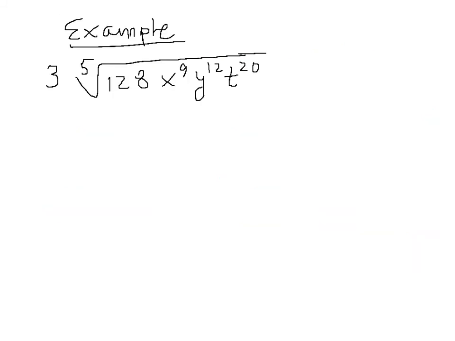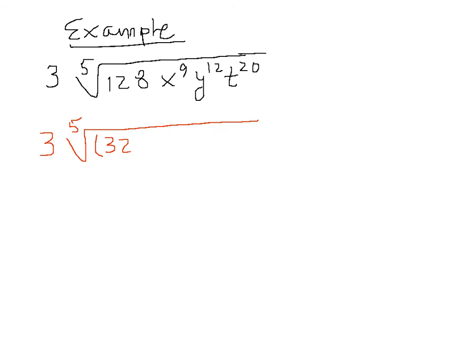So now let's check out this last example. We're talking about the fifth root. In other words, the index is 5. So the powers of x or y or t that you can take the fifth root of are multiples of 5. And so that's what I'm going to do here. I'm going to write this as 3 times the fifth root of, okay, now, if we look at 128, what factor does it have that you can take the fifth root of? 32.